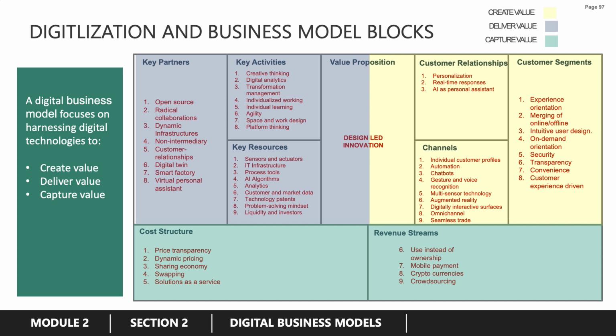This is an overview of some of the ways in which each of the business blocks are changed as a result of digital technologies. As you can see, there's a lot here, so I haven't got time to go through everything, but you can explore this and start to think about, for instance, if we take customer relationships, how digital technologies can personalize things like emails based on customer segments.